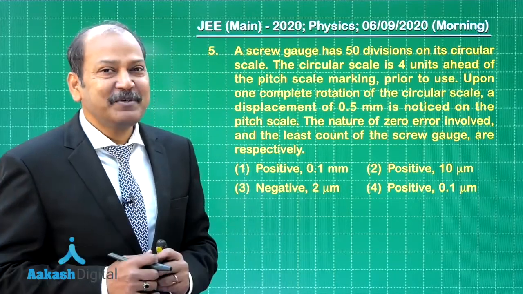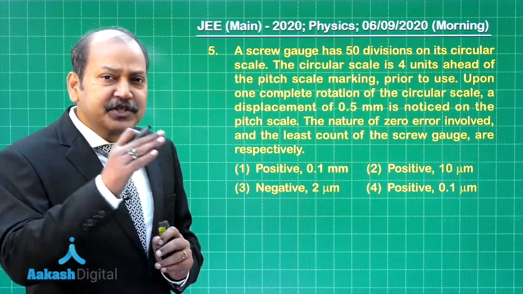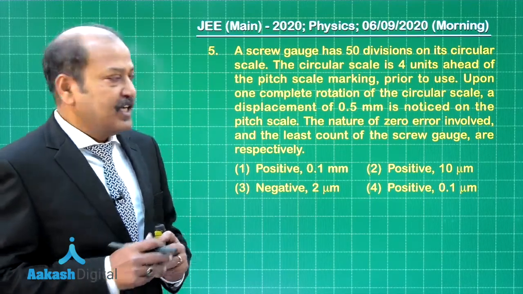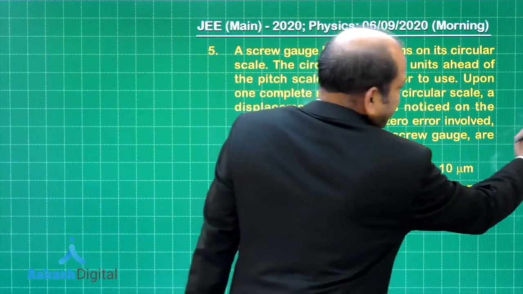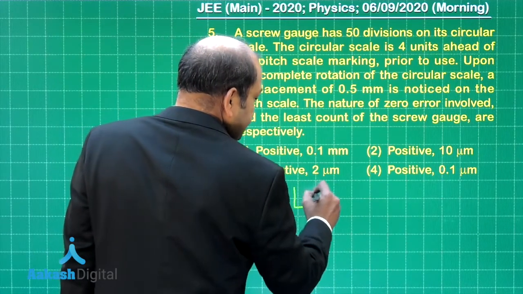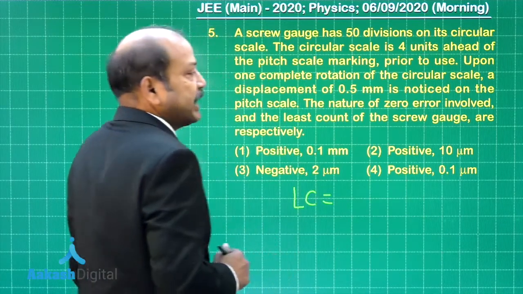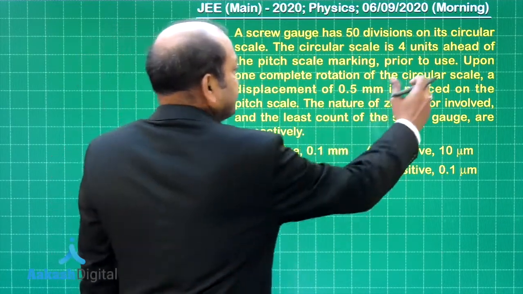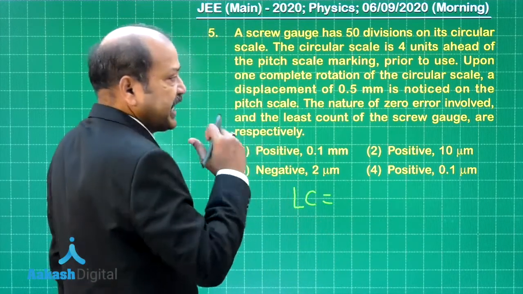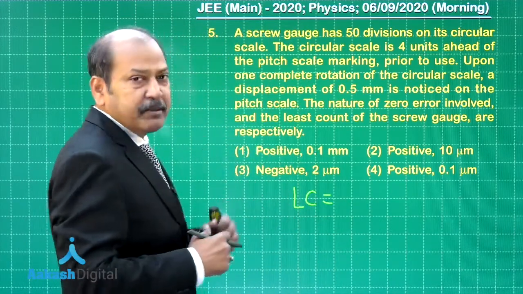What about the least count? The least count of a screw gauge is in fact pitch divided by the number of divisions on the circular scale. So, that means the least count is equal to pitch, and the pitch is 0.5 millimeter, because the statement shows one complete rotation of the circular scale means displacement of 0.5 millimeter on the pitch scale.